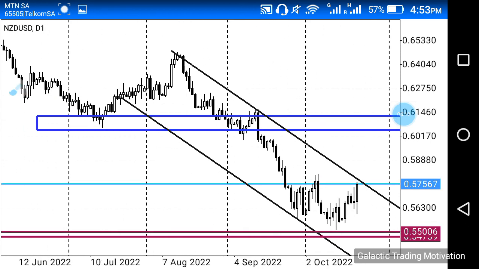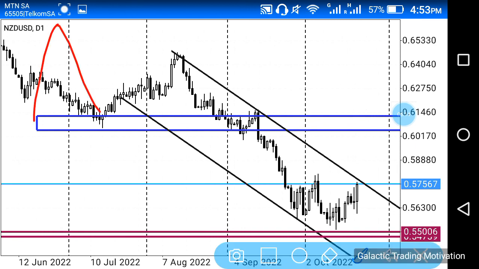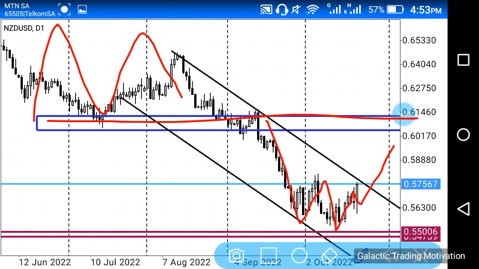So on the daily chart, as much as we have this huge M structure over here, which has a neckline at that point, can you see that we have what seems to be an inverted head and shoulders pattern taking place at this point, right? With this side being the left shoulder, this being the head, and this side being the right shoulder. And this structure has a neckline at this point, more or less.